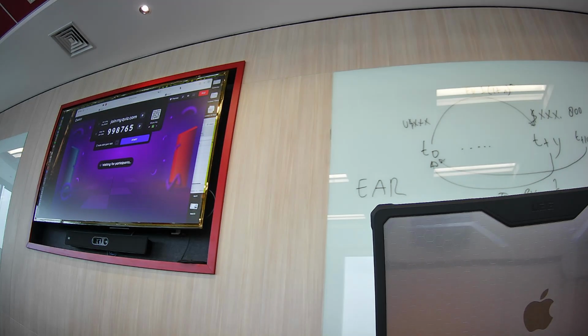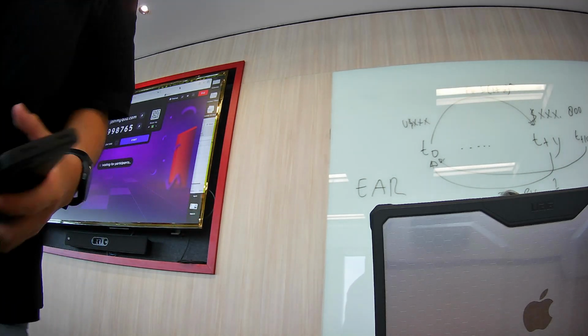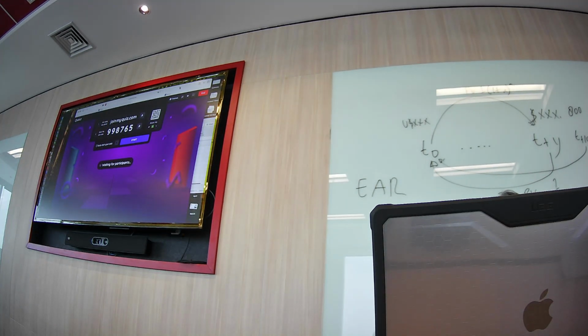Join my quiz. 3 or 4 groups. One, two, three, four. Okay. Please join the quiz. That's the code. Udah siap ya? 10 minutes or 5 minutes?